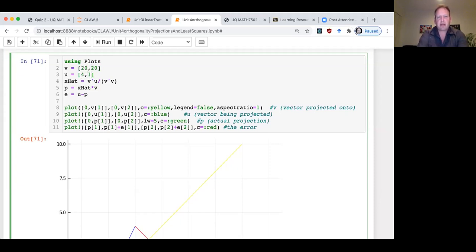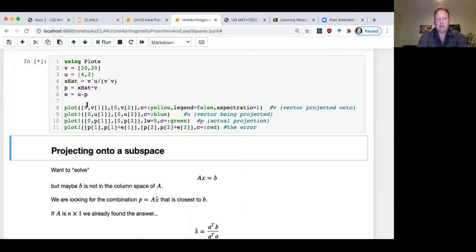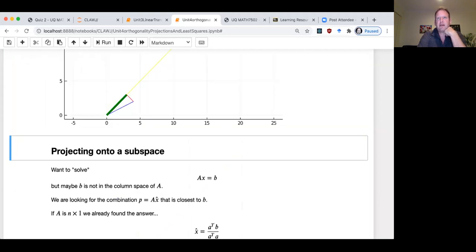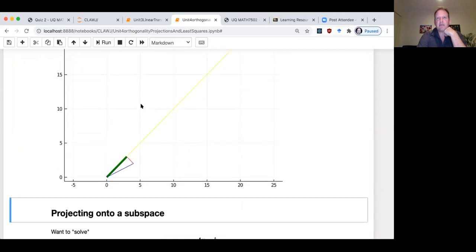Of course, you could have used this vector v as well, right? So let's put it here back in something like this. This is a different vector v, and that's a different vector.